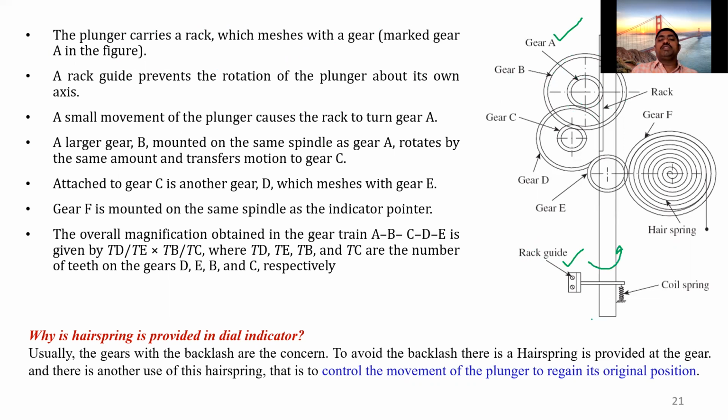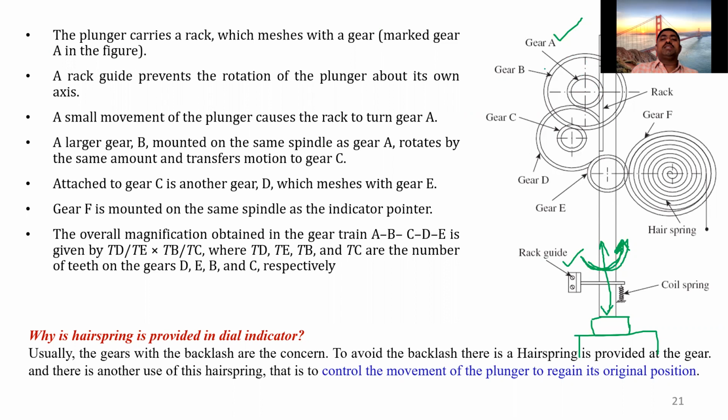If the contact point contacts the workpiece, the plunger has to move only in the upward and downward direction. It should not rotate about its own axis, so the rack guide helps in preventing this rotation. The small movement of the plunger causes the rack to turn gear A.